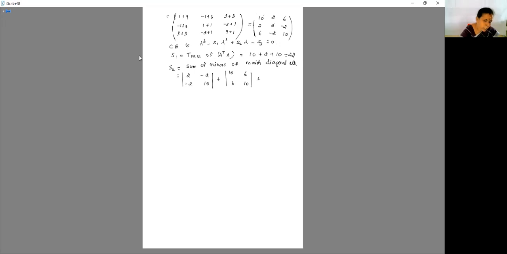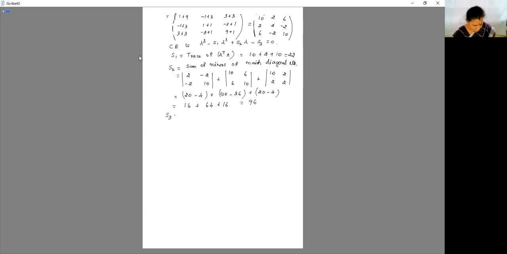And the minor of the next diagonal element, that is 10, deleting the third row and third column, we have [10, 2; 2, 2]. If we expand, we get 20 minus 4 plus 100 minus 36 plus 20 minus 4. So it is 16 plus 64 plus 16. So totally this value will be 96.